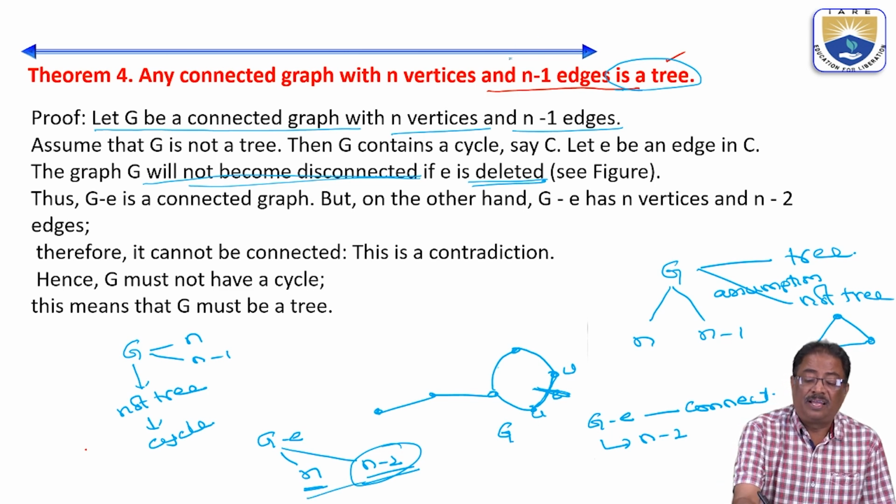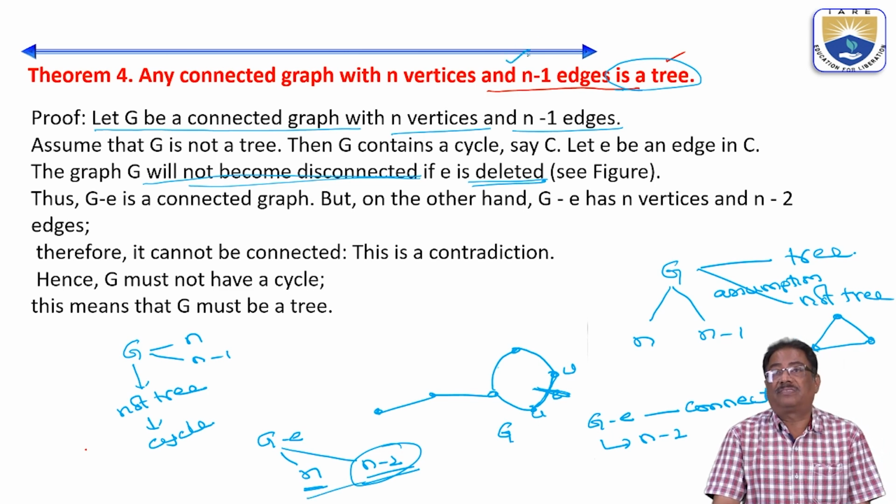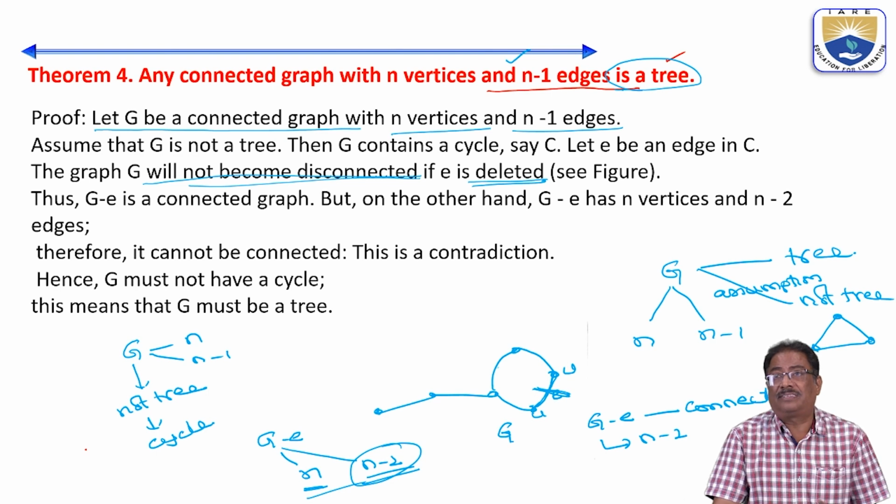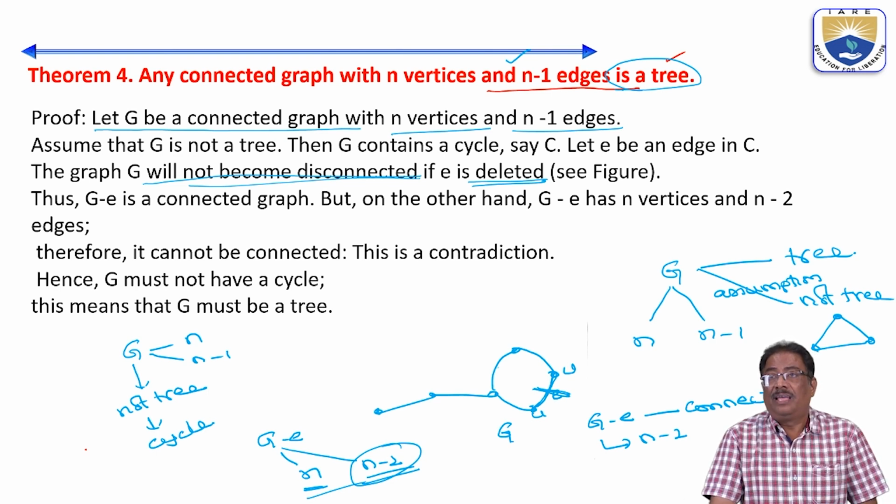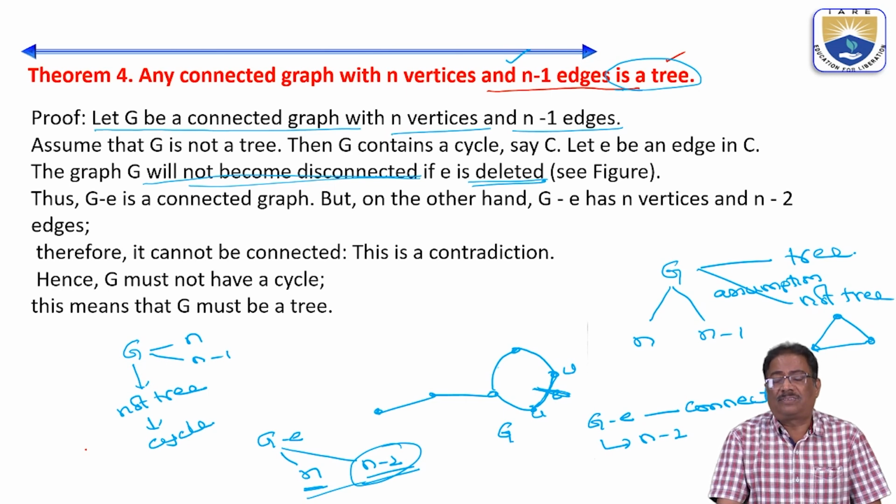Then which is a contradiction to the hypothesis. If it is having n vertices, then definitely the edges are n minus 1. So it leads to a contradiction. So our assumption that G is not a tree is wrong. So G is a tree.